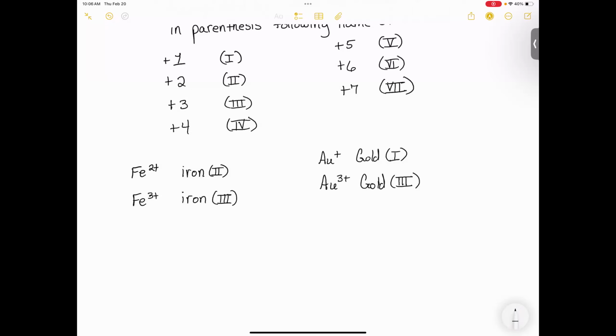And that is to distinguish, that is to take the metals whose charge is dependent upon the anion that they're associated with, and it is to help distinguish which version of that metal cation I have.